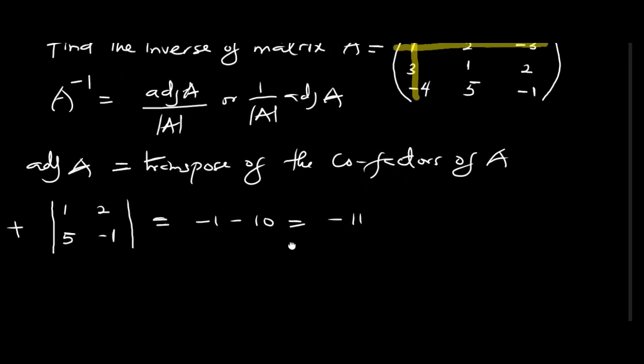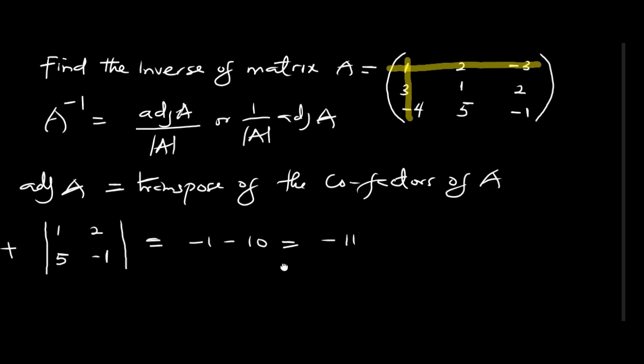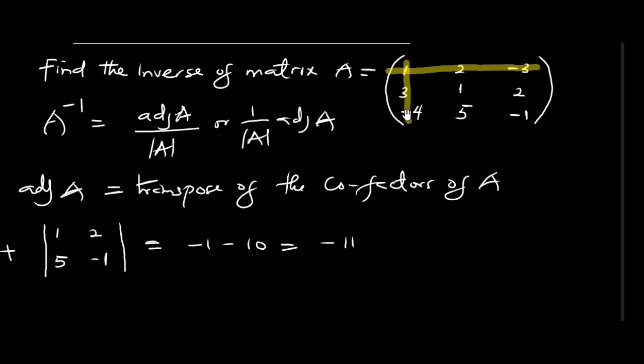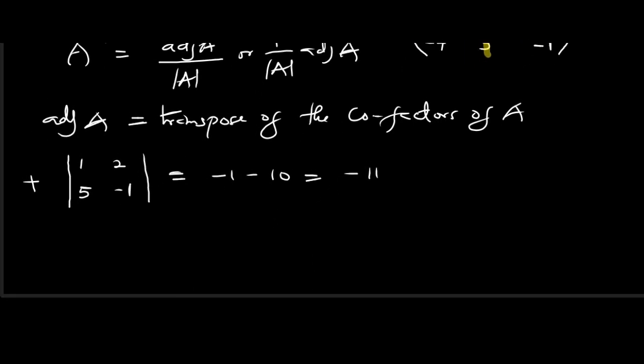So we are going to go to A12, that is first row, second column. So we shift this here. We are left with 3, 2, minus 4, minus 1. You take the determinant.